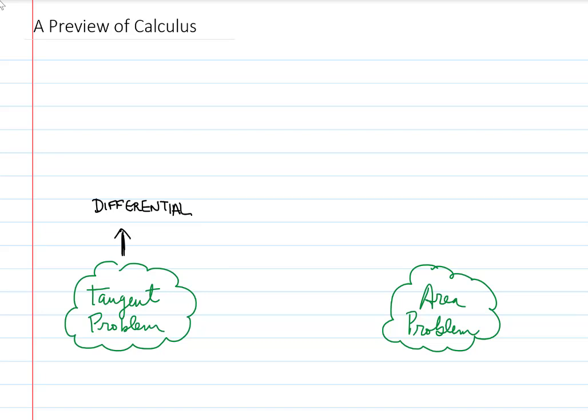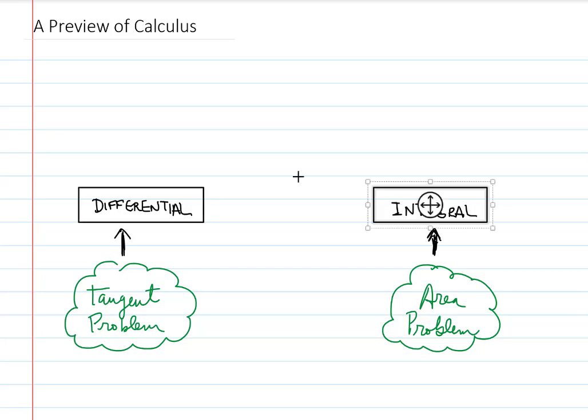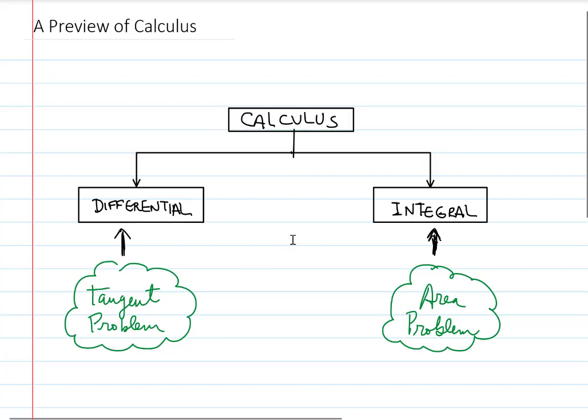And this second problem, the area problem, just sort of gave birth to integral calculus. These two form part of the same topic here. Differential and integral calculus form part of our subject of interest. Okay, so calculus has these two main parts, differential and integral calculus.